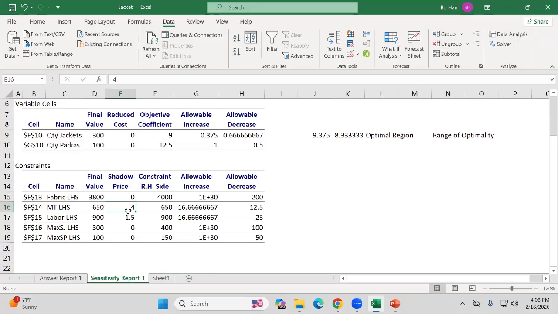That means if the second constraint is about machine time, and you can buy more machines, if you give your team one more hour of machine time, your total profit will increase by $4. Exactly, $4.